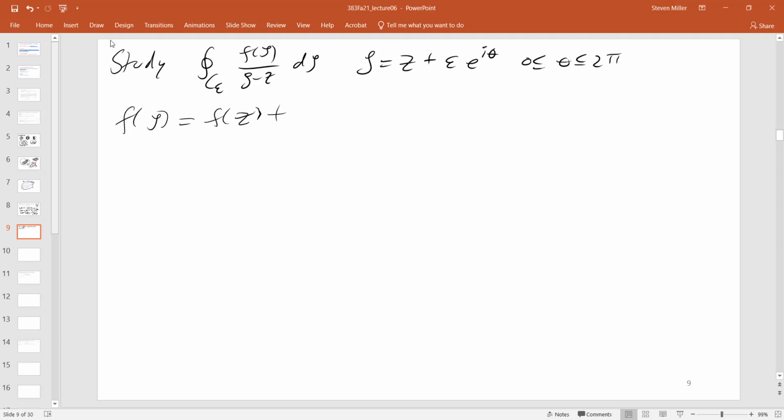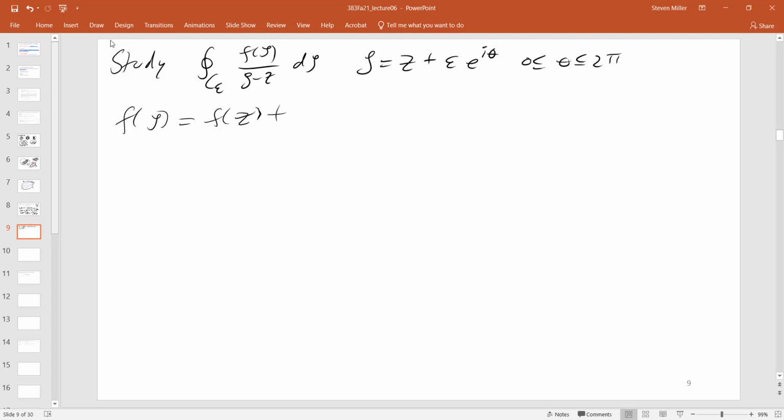So this is huge. But we're integrating over a circle of radius epsilon. So we can bound it by the maximum value of the function times the length of the circle. What's the length of the circle? 2 pi epsilon. So 2 pi epsilon times 1 over epsilon is of size 2 pi.